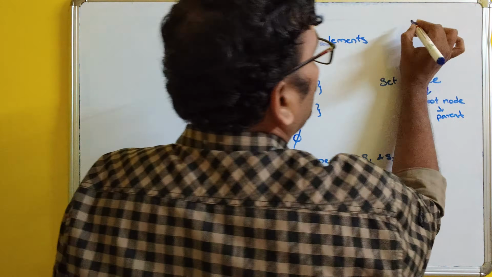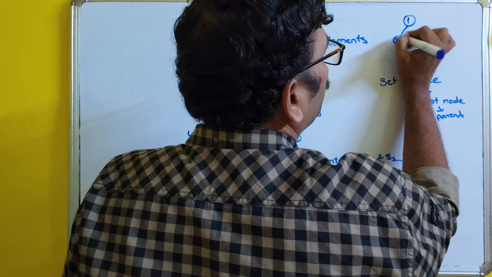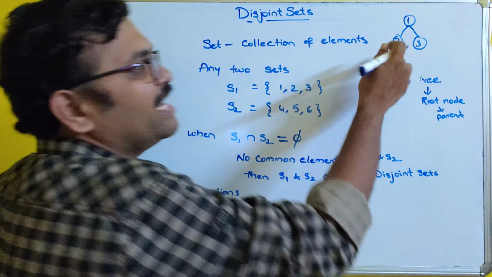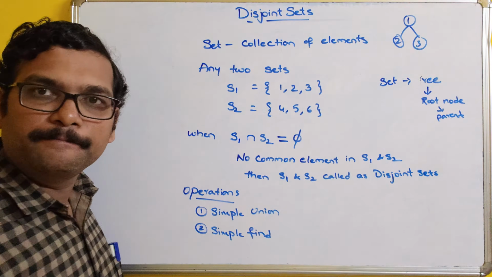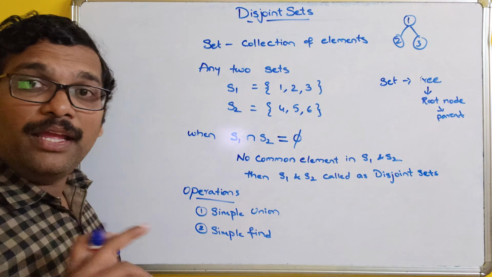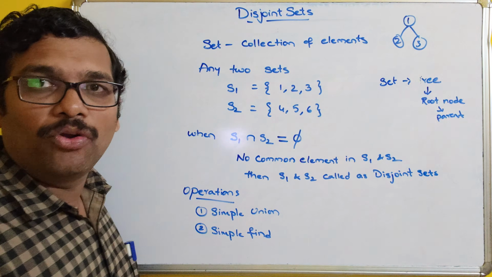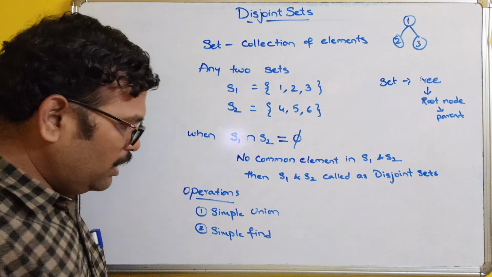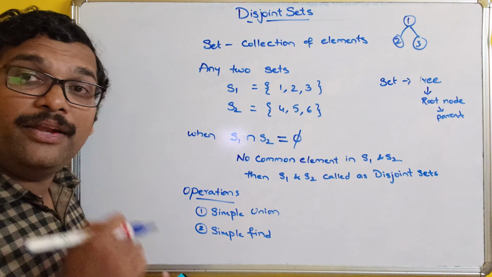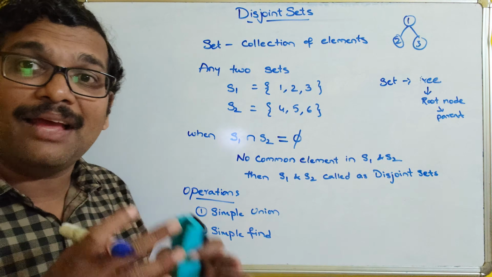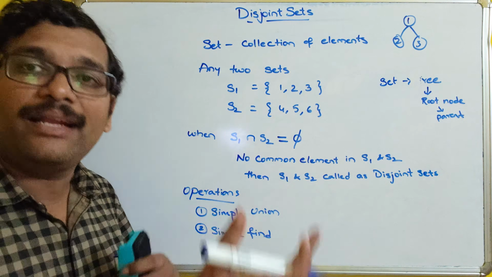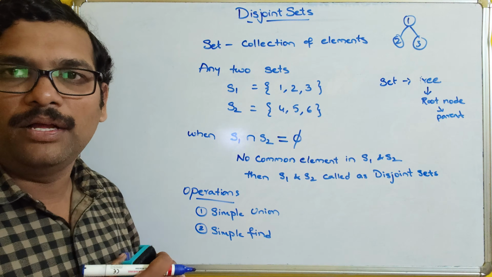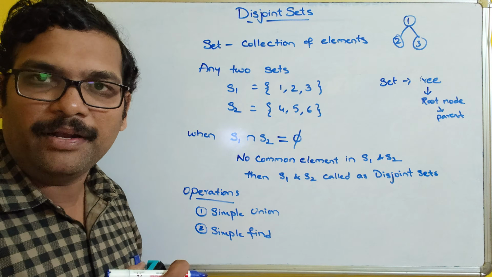For example, let us take 1, 2 and 3. We can say 1 is a root node, or 1 will be the parent of 2 and 3. So simple find means we need to find whether the element is available in the set or not, and if yes, we will return the parent of that particular element.